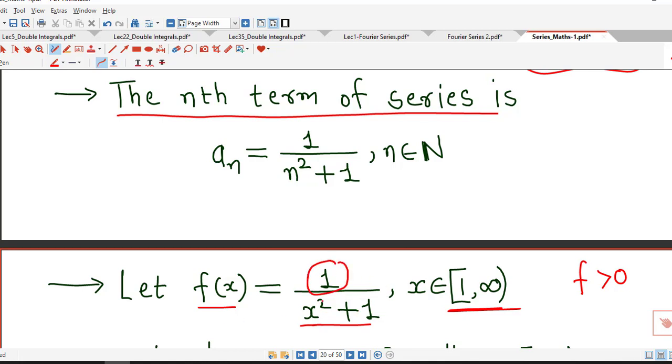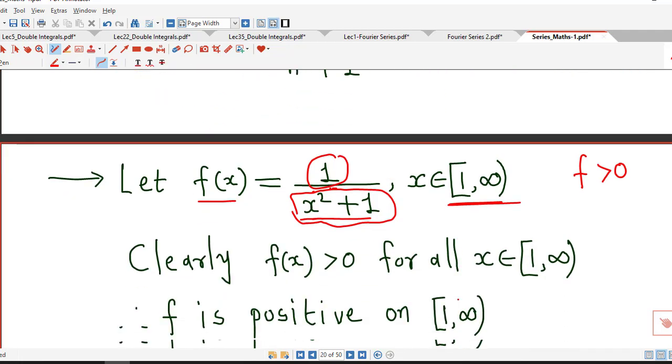This is a constant function, therefore it is continuous, and we know that a quotient of two continuous functions is continuous if the denominator is non-zero. So here x squared plus 1 will never be 0 because x is starting from 1. So f(x) is continuous on the interval [1, infinity).